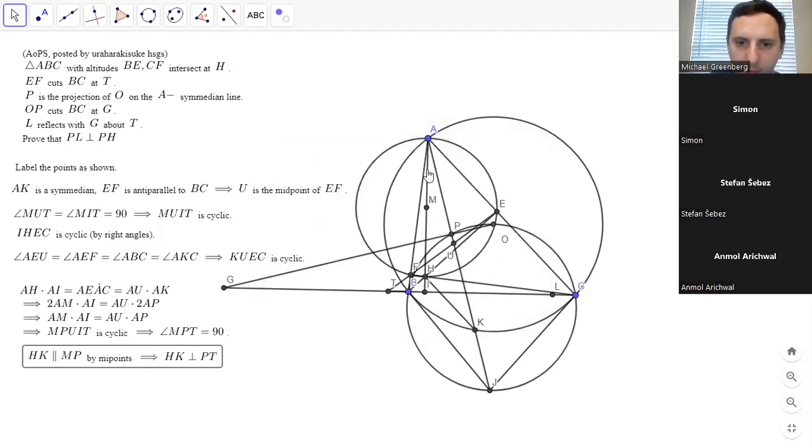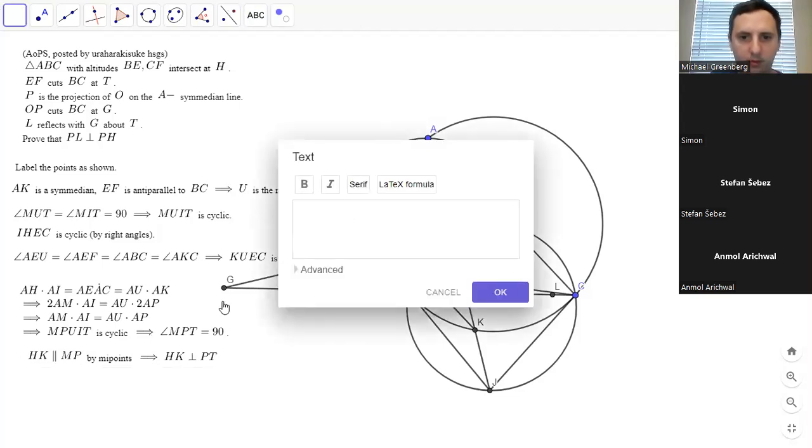Okay, and then we have those three triangles. So we have AHK and PGT, and the sides are mutually perpendicular, and that means the triangles are similar.